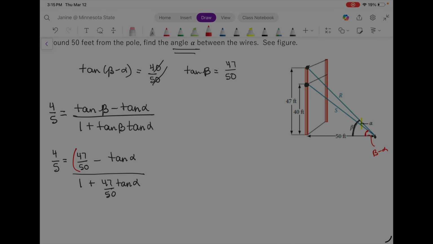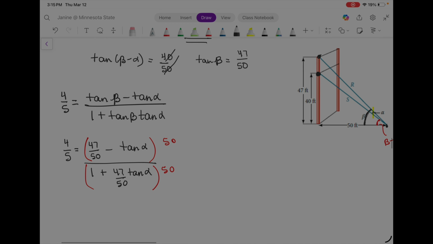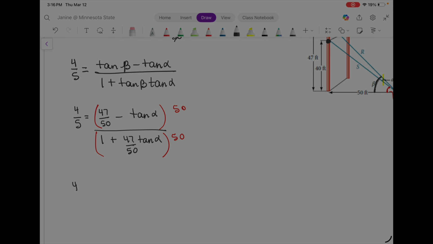Just like before, I don't have to do it to both sides of the equation, okay? I'm going to do it to the top and the bottom. That's the rule: either on both sides of the equation or top and bottom, okay? So we have 4 over 5 is equal to 47 minus 50 tangent alpha over 50 plus 47 tangent alpha.